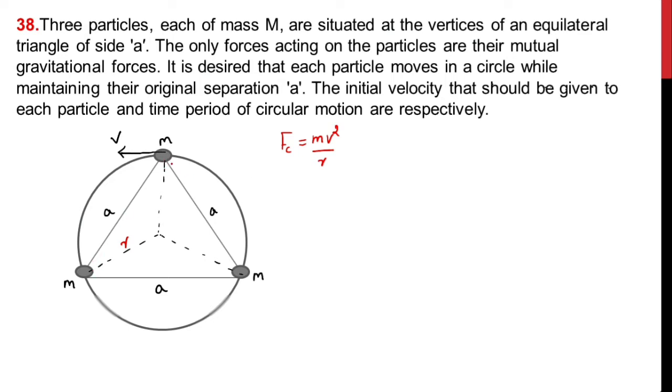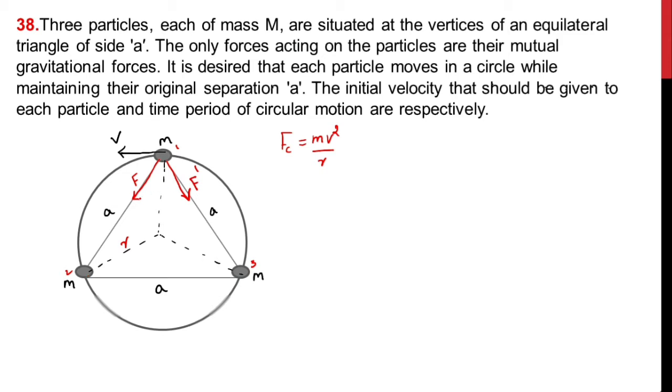Now you can look at this case here. Mutual gravitational forces are acting. For example, on this particle 1 and this particle 2, there is a force of attraction acting in this direction, so mark it as F. In the same way, one more attractive force is acting towards the third mass, and both forces will be equal because this is an equilateral triangle.